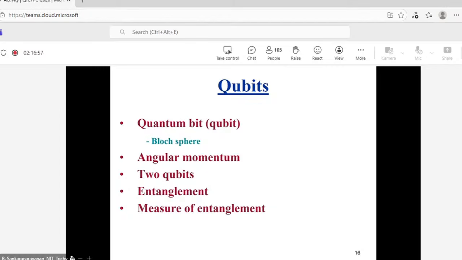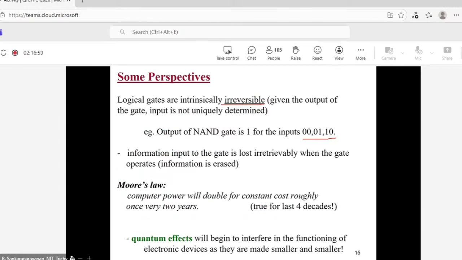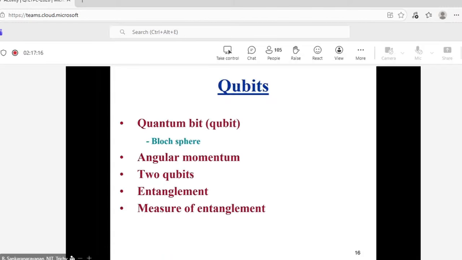So is there a way to develop a computer which is not irreversible? Rather, can you have an operation which is reversible? And can you have a computation which incorporates quantum effects? These are some of the interesting questions which led to the subject of quantum computation.